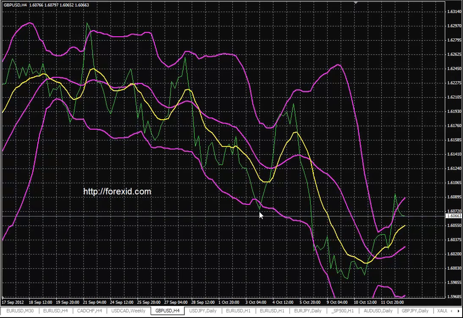When you see the same pattern of the price line on the lower Bollinger Band, get ready to position yourself long.